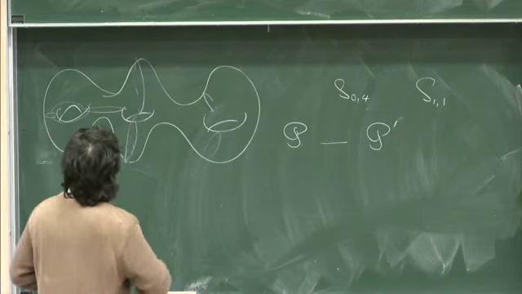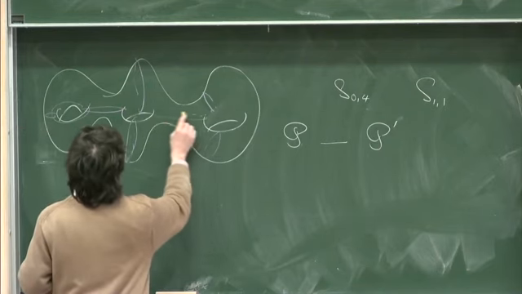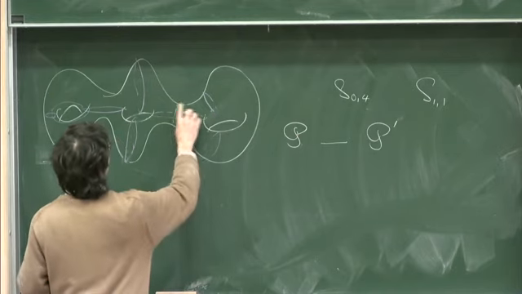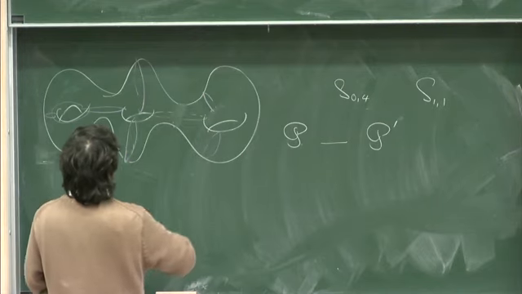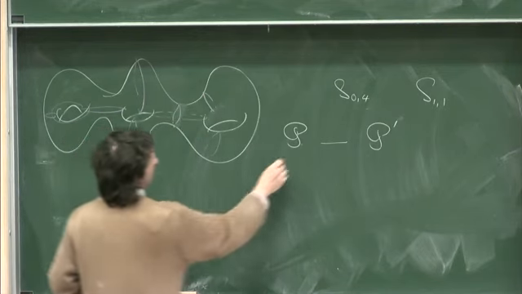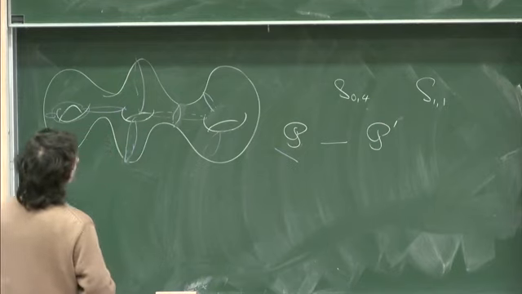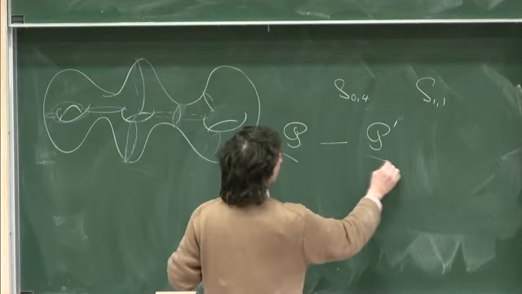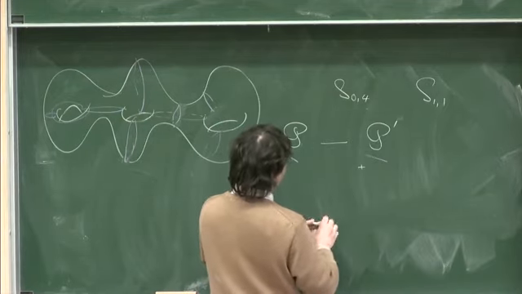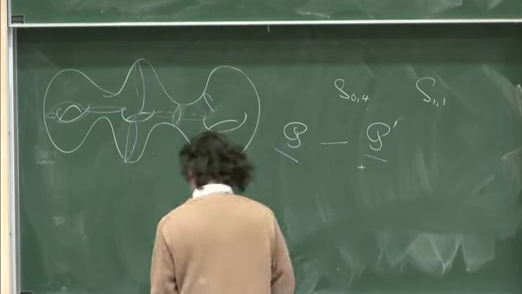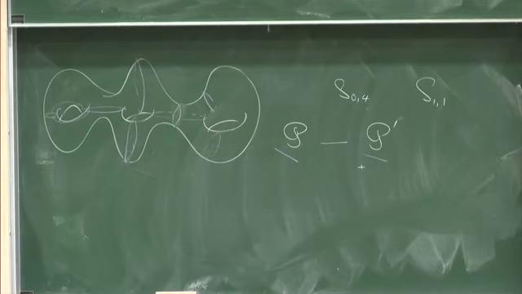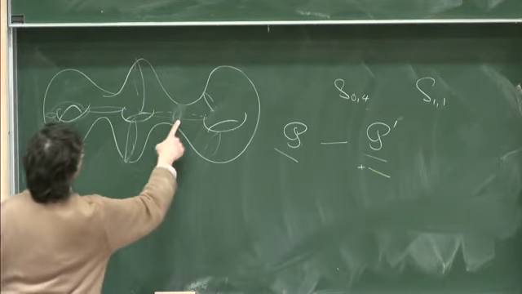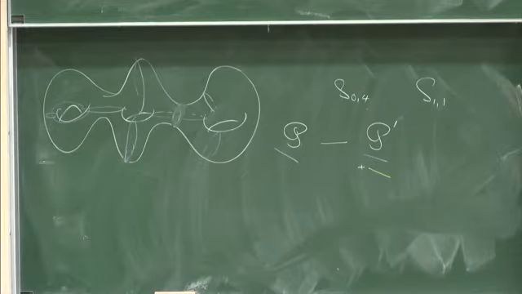An A move lives on a surface of type 0, 4. So let me write it this way. P is purple. And P prime is purple plus green, plus yellow. It means I erase this and I put the yellow one instead.